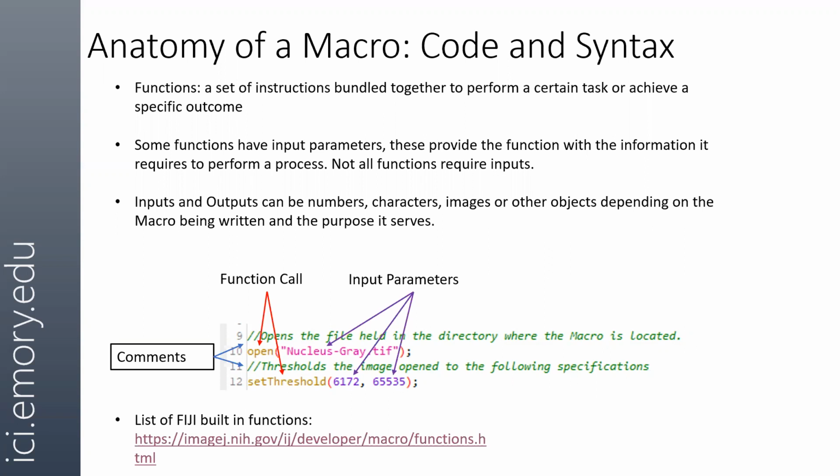Now, open takes one input. setThreshold takes two inputs, a lower limit and an upper limit. And if you ever write your own functions, which you can do, they could take as many or as few inputs as you need to, and they can have as many or as few outputs as you need.